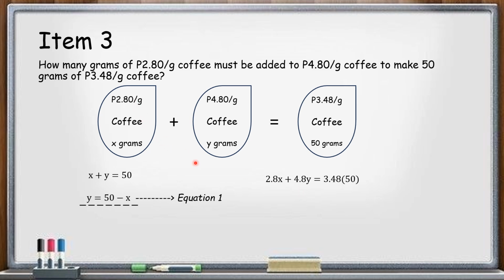So 2.8 pesos times x grams, 4.8 pesos per gram times y grams, and 3.48 pesos per gram times 50 grams. It makes sense because if you multiply this pesos per gram to the gram, grams will get cancelled out.